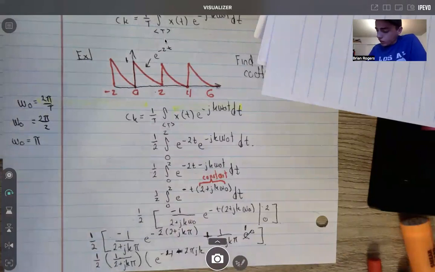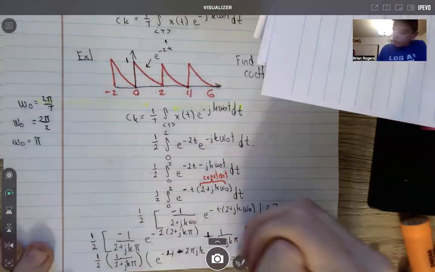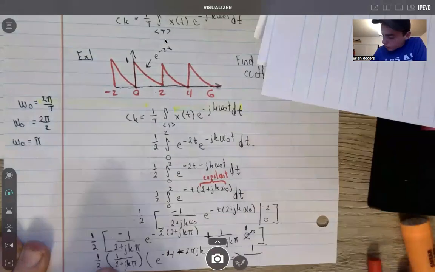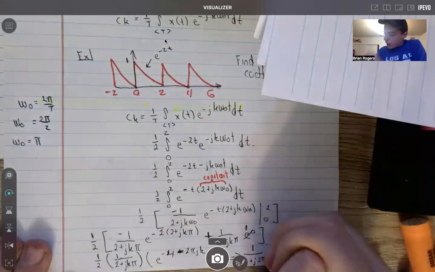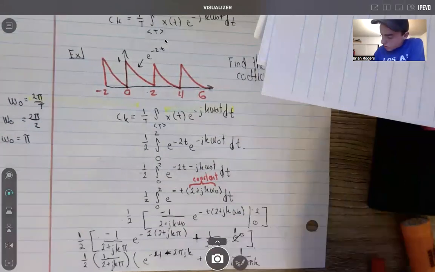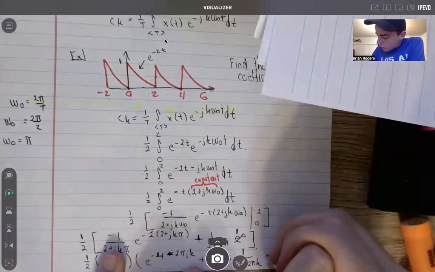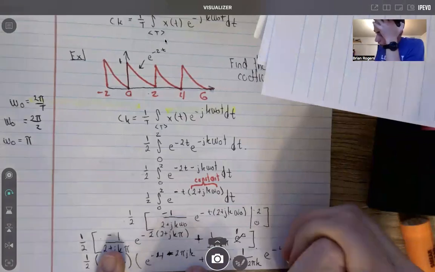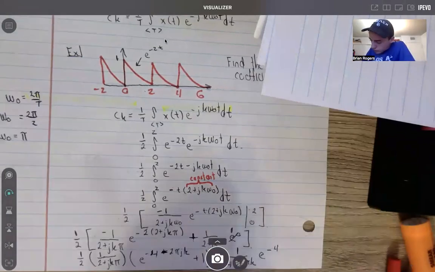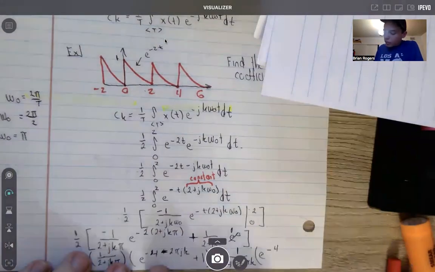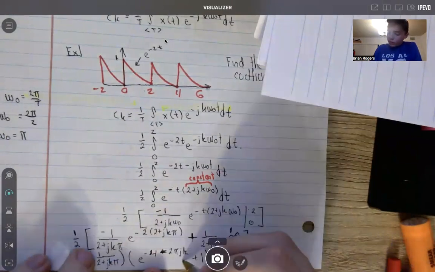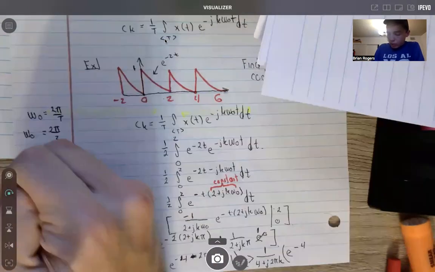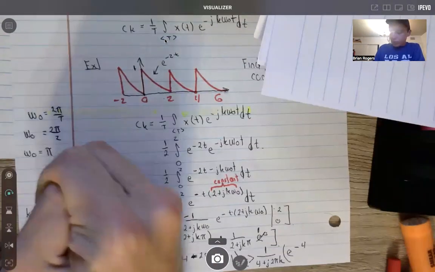Okay, what we can say from here is I can say 1 over, distribute this 2, so it becomes 4 plus j 2 pi k, times 1 minus e to the -4, and then here this e to the power of -2 pi jk. Well, remember, k is a constant; we're dealing with k being 0, 1, 2, 3, 4, 5.